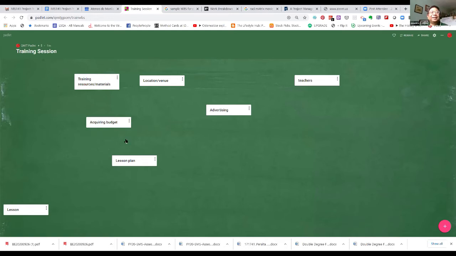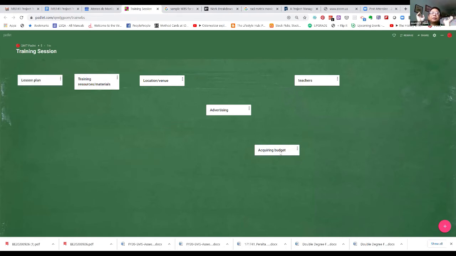Okay, sige. One thing about acquiring budget, and this is where this work breakdown structure should start becoming clearer, is that when you create a work breakdown structure, there are two philosophies. One philosophy, which is the American philosophy, is you break it down by your items, by item siya.